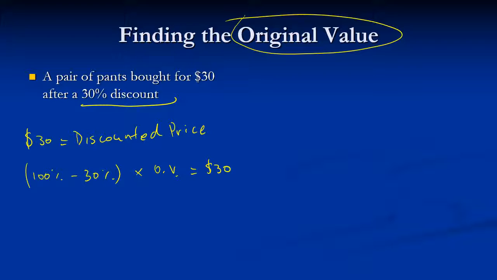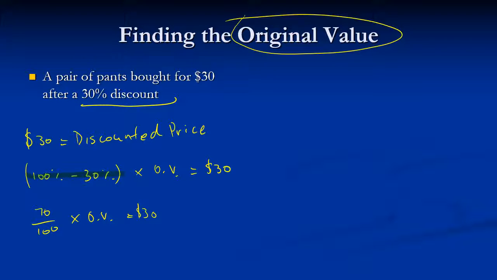Now we can do a couple of different ways to calculate this, but I think it's probably easiest if we think about our one-step algebra. So we know that 70 over 100, which is what I'm saying right here, that's this concept here. 100% take 30% is 70%, which is the same as saying 70 over 100 times the original value. Let's times the original value equals $30.